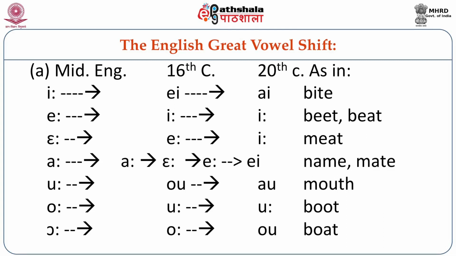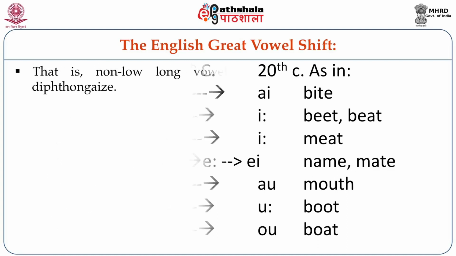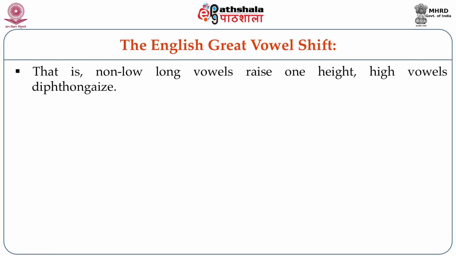That is, this shows that the lower vowels move higher up and the high vowels are pushed further and they become diphthongized and the change takes place. That means non-low long vowels rise one height. In fact, it is assumed that low vowel does not take part in this kind of change. So the high vowels diphthongize.